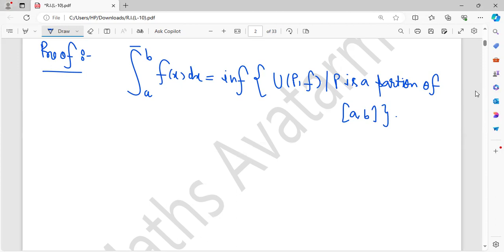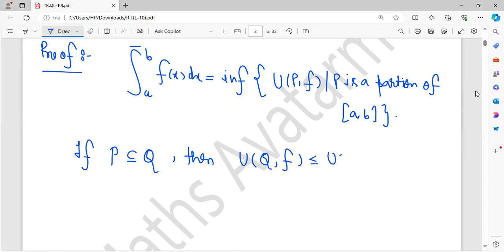Now, if P is contained in Q, then U(Q, f) is less than or equal to U(P, f).